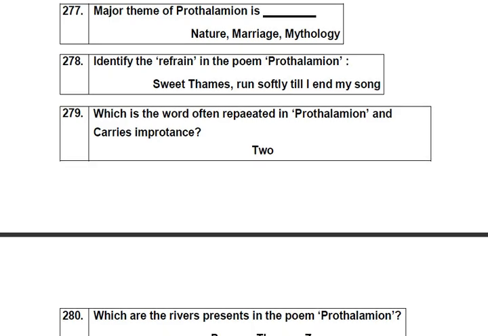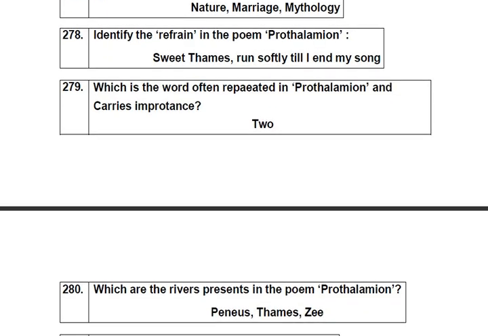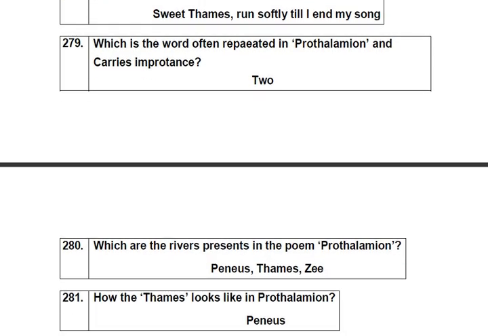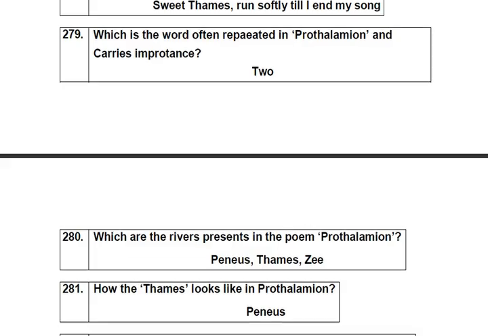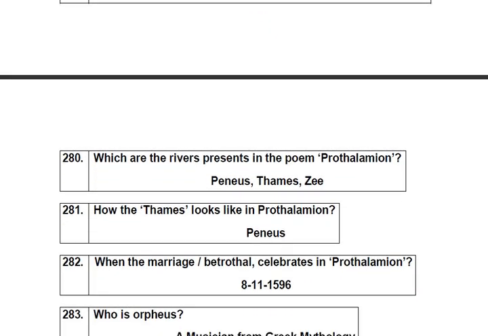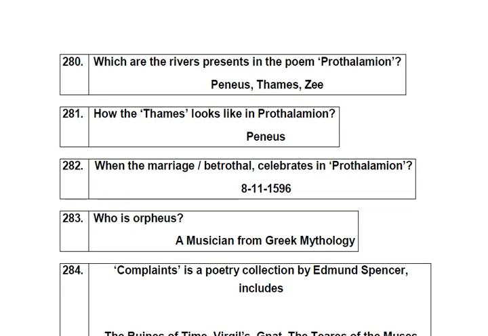Identify the refrain in the poem Prothalamion. Sweet Thames, run softly till I end my song. Which word is often repeated in Prothalamion and carries importance? 2. Which rivers are represented in the poem Prothalamion?